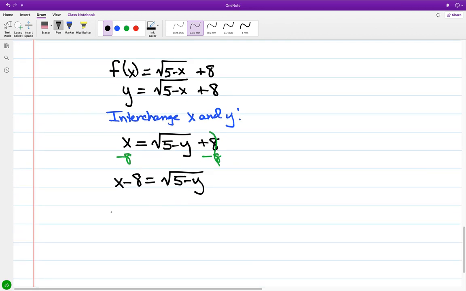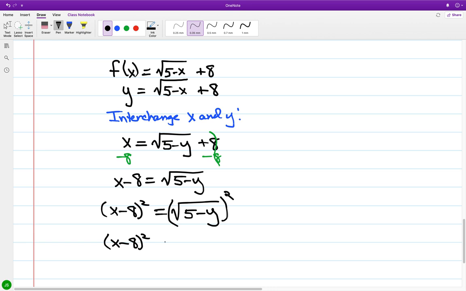And now we're going to free up the y expression from the radical. So we're going to square both sides. And upon squaring, we have the square of x minus 8 is equal to 5 minus y.